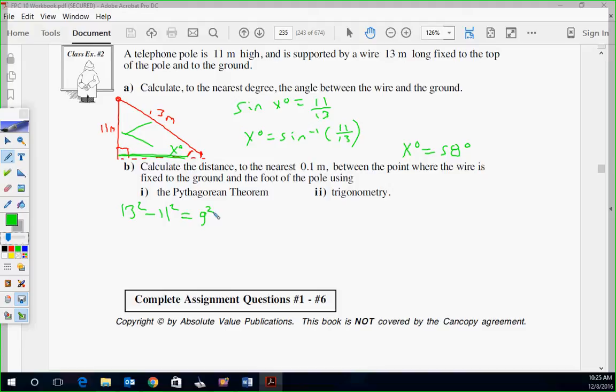So it's going to be 169 minus 121, so it's going to be 48. And then you square root, it's going to be almost 7. So the ground is about 6.9 or something.